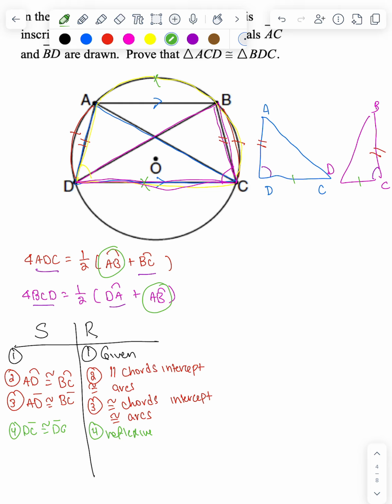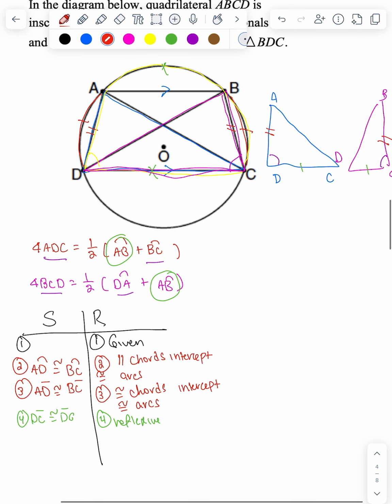And now we just need to say why angle ADC and angle BCD are congruent to each other. So I'm going to actually write out everything that we had. So first I'm going to write that arc AB is congruent to arc AB because that was used in what we did before.